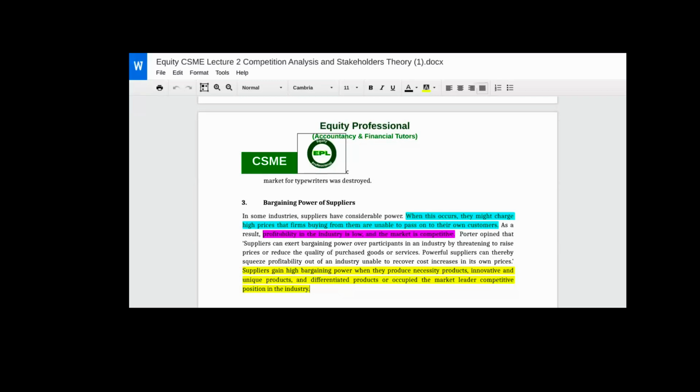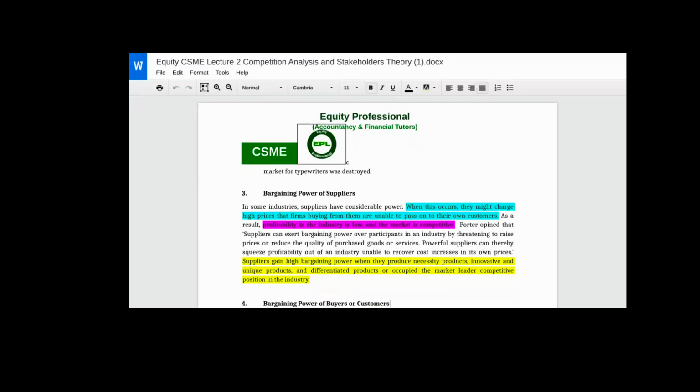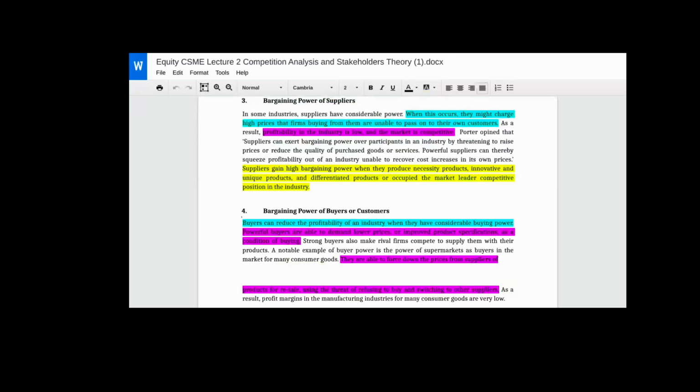Market challengers is occupied by Airtel. Market followers is occupied by Globacom. While market niche is occupied by Nine Mobile. So any company that falls into that bracket, market leadership position, they produce differentiated products, no customers will dictate for them. And they have that leading position in the competitive industry.